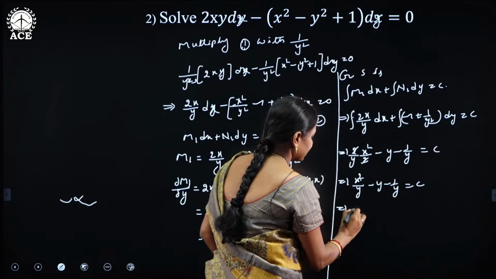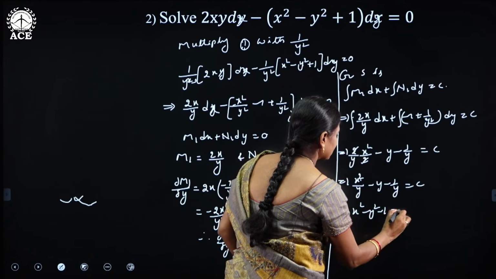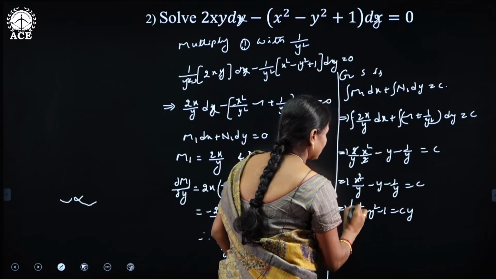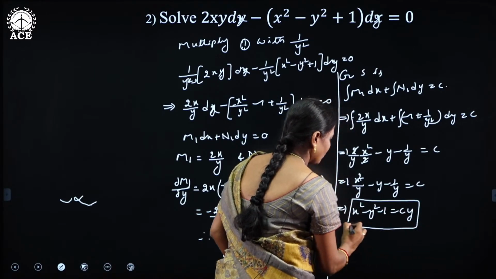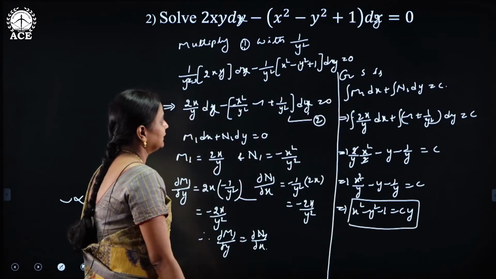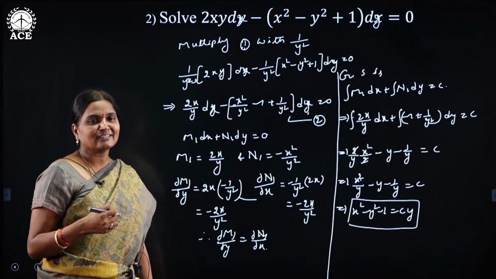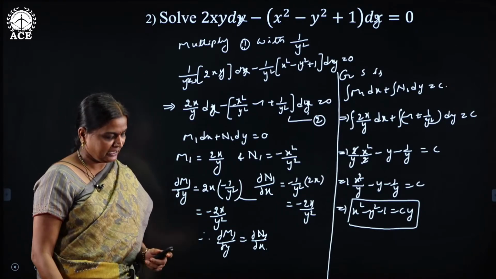If we take the LCM, x square minus y square minus 1 equal to cy, which is the required general solution of the given differential equation. This is the procedure to find the general solution of a non-exact differential equation.